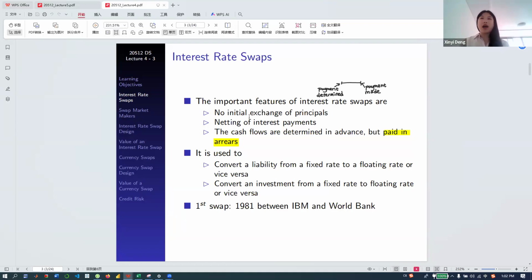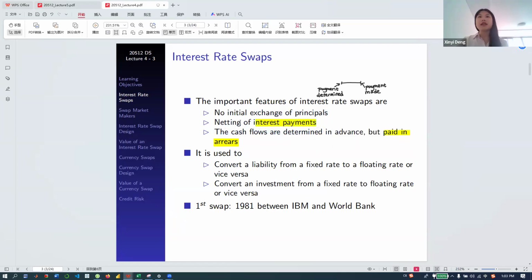You will each have an interest rate. For example, if you have the floating rate and the other party has a fixed interest rate, you will be calculating your floating interest payments, and the other party will be calculating their fixed interest payments.